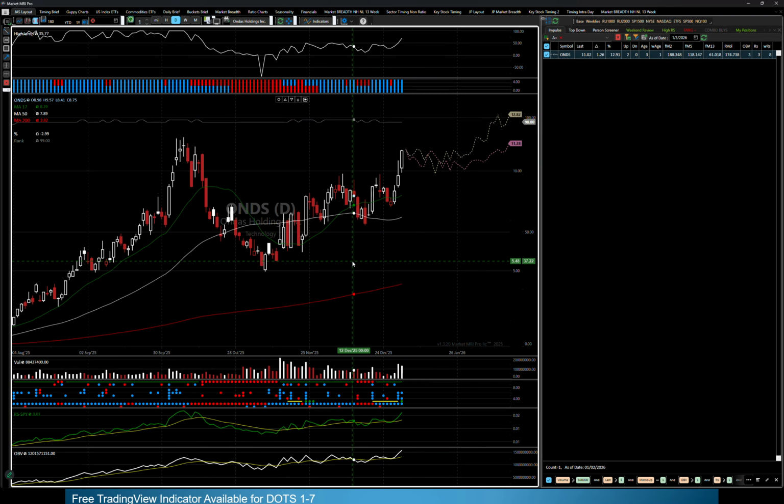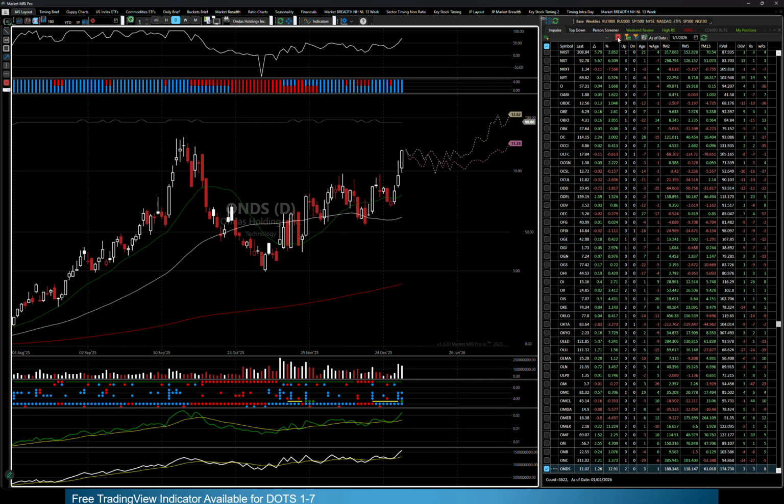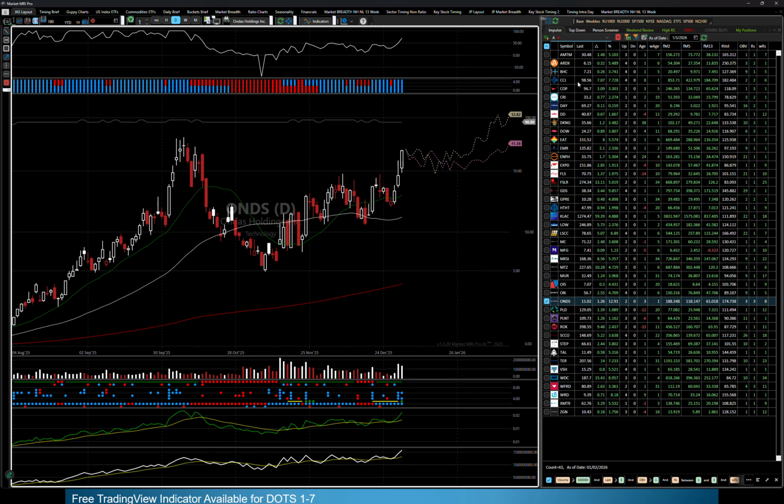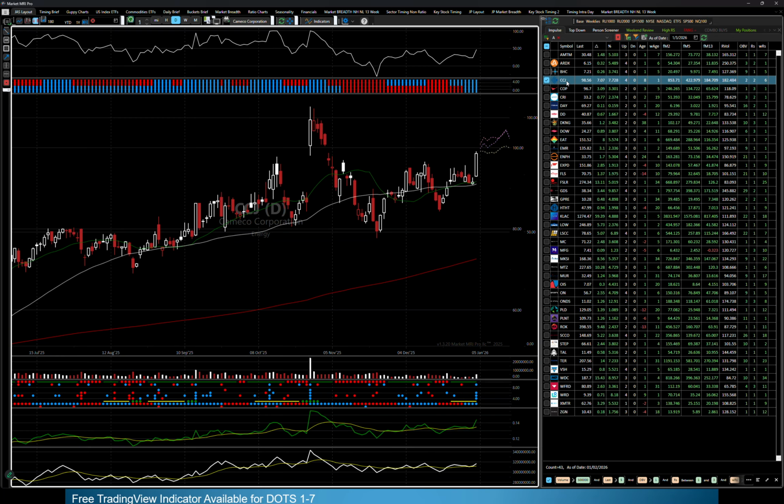Ondas Holdings looks interesting here. The A is a different timing model. This is my traditional A trade from my live education. CCJ. I am looking, stock is in a squeeze.